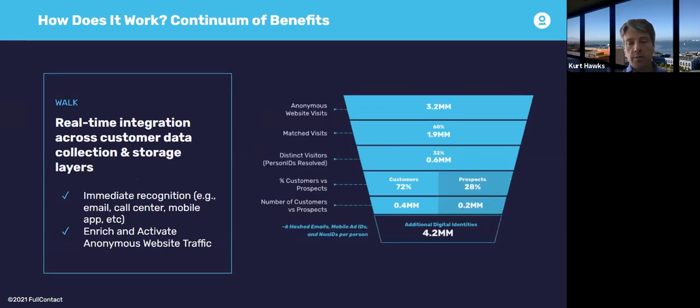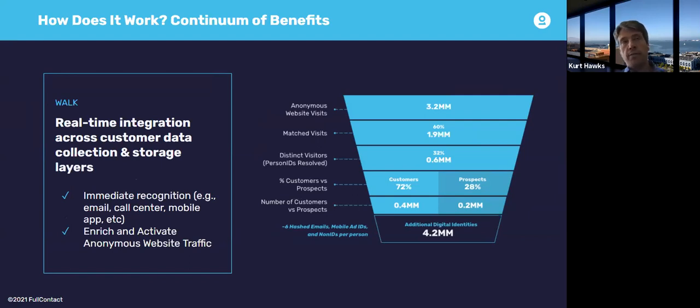So if we think about the crawl as saying, let me unify fragmented customer and prospect information, the next part is, great, what do you do with it? How do you engage customers in a way that's more meaningful as a result of identity resolution? We think about the next stage as walk, which is real-time integration across the customer storage and collection layers.